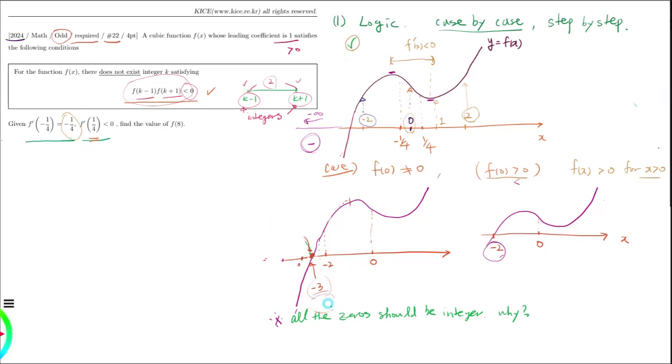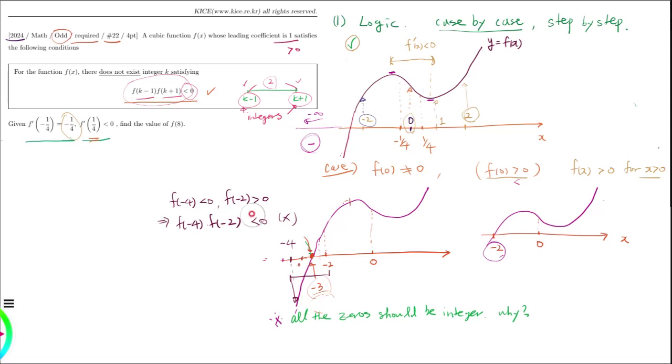In case of negative 3, the partner for negative 2 is negative 4 here. F of negative 4 is a negative value, and f of negative 2 is positive. So f of negative 4 times f of negative 2 will be negative. So this is not the case.